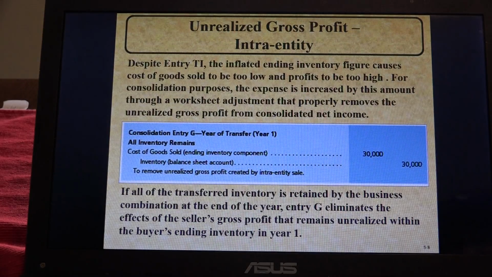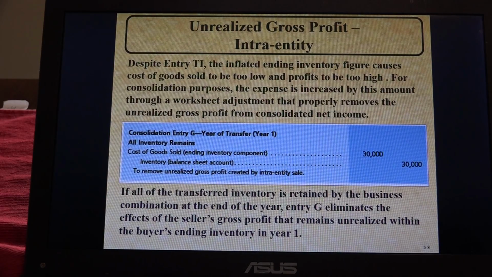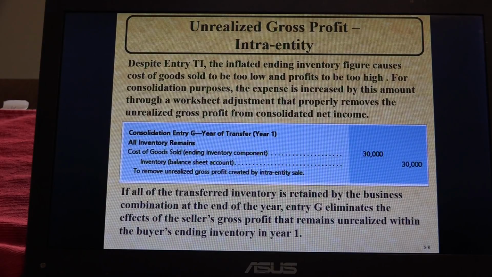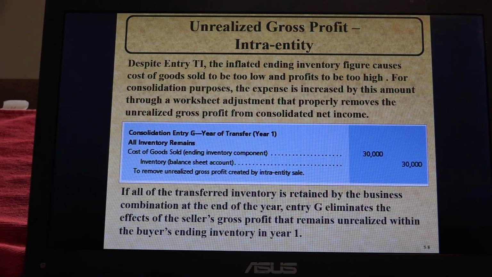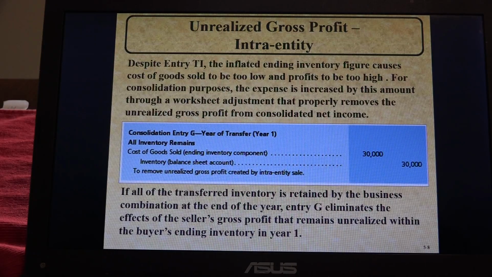And so, despite this TI entry, the inflated ending inventory figure causes cost of goods sold to be too low and profits to be too high. And so for consolidation purposes, the expense is increased by this amount through a worksheet adjustment that properly removes the unrealized gross profit from consolidated net income.